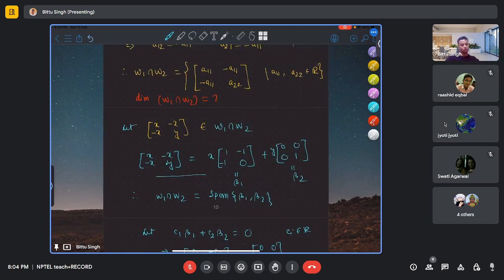So that is how we find the dimension of a given space. We find a basis for that space, and the number of elements in the basis is the dimension.